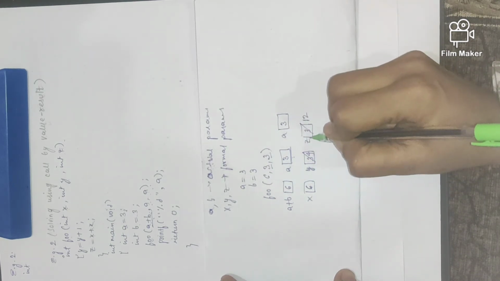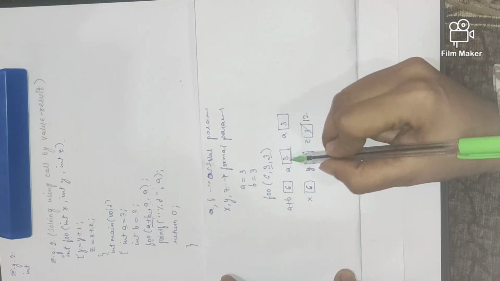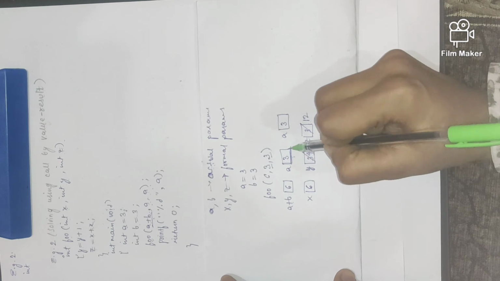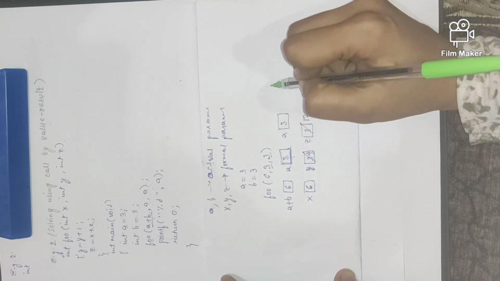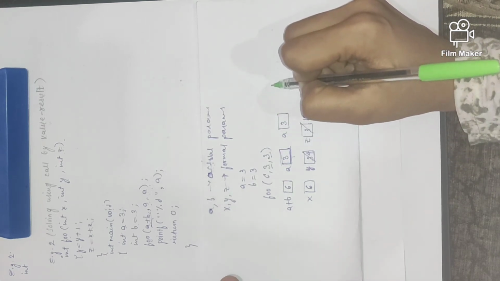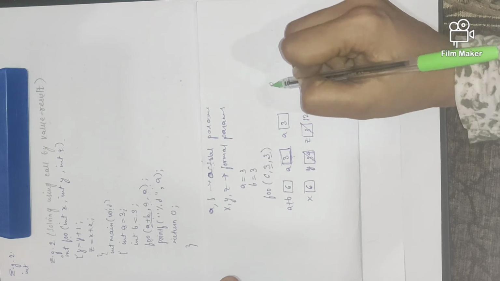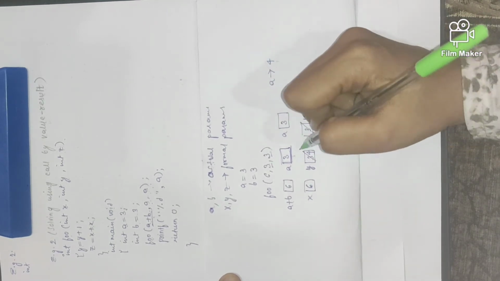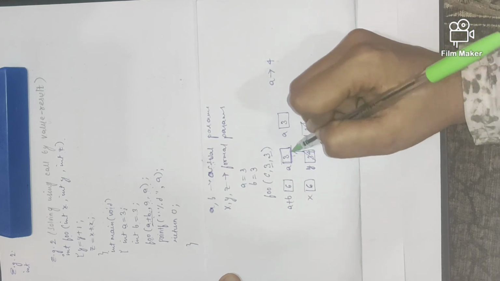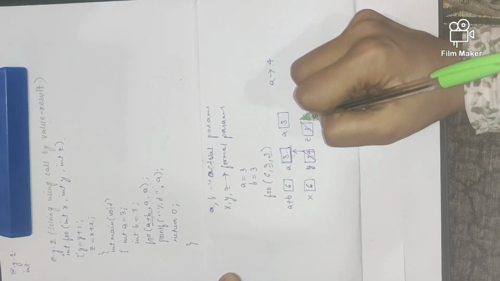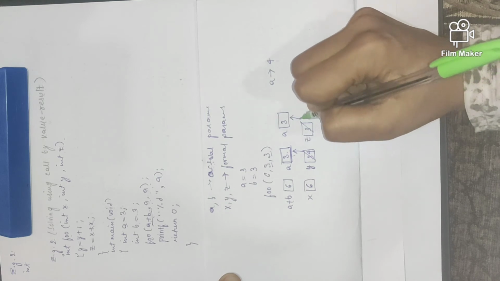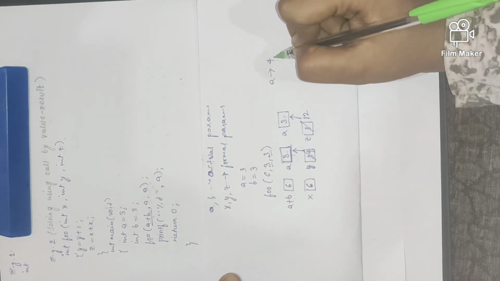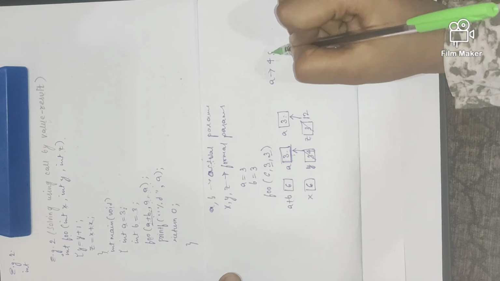But here there are two a's. So at last the value of a can be 4, because the value of y will get copied into a, and the value of z will also get copied into a. The value of a may be 4 or 12.